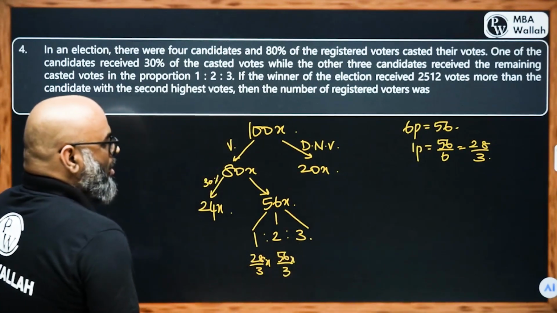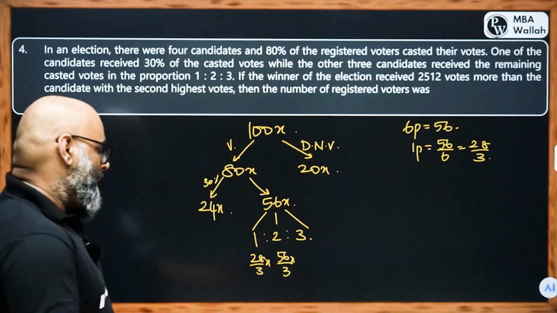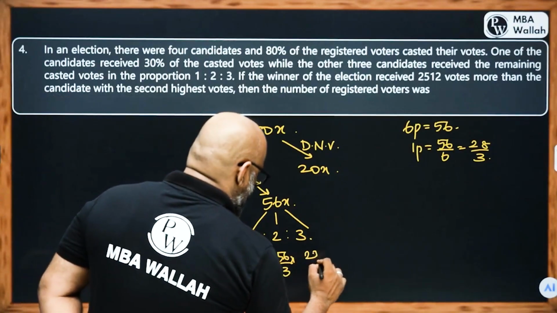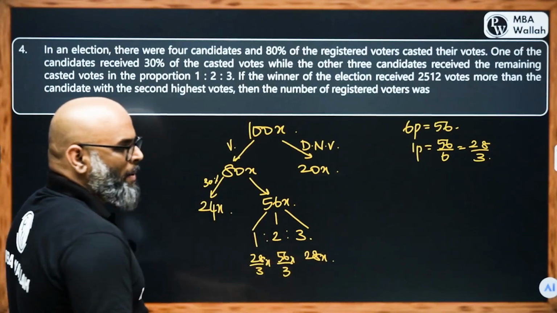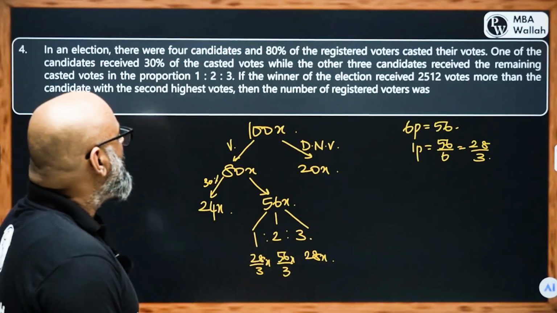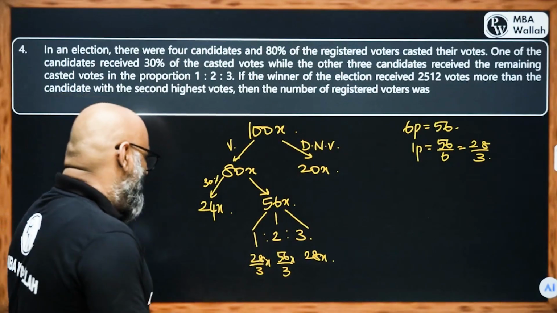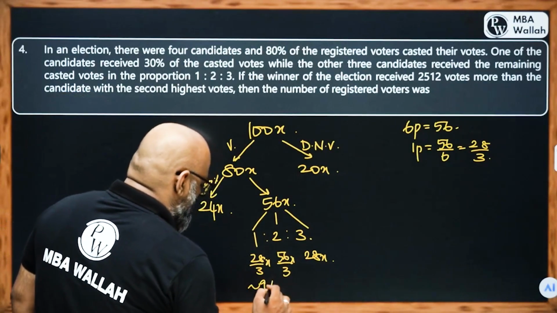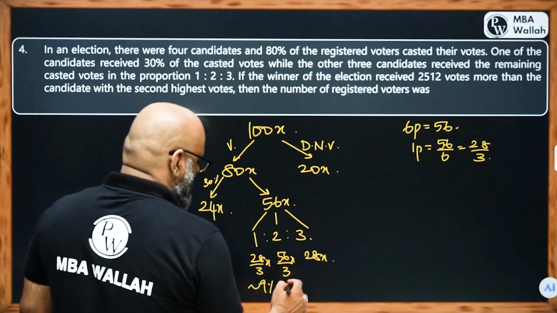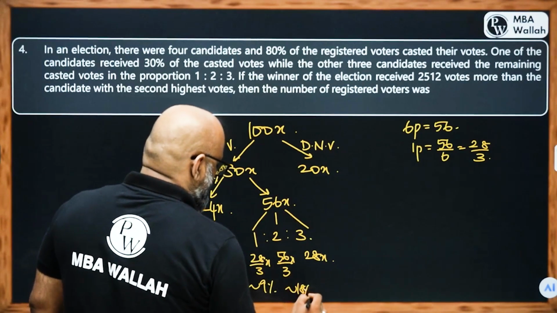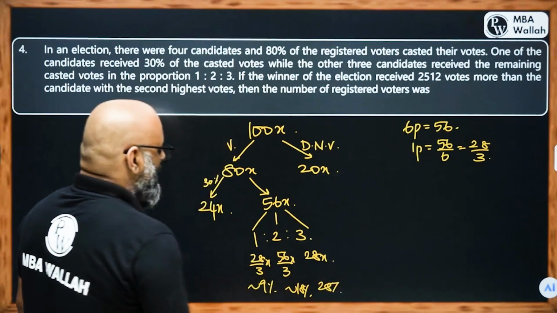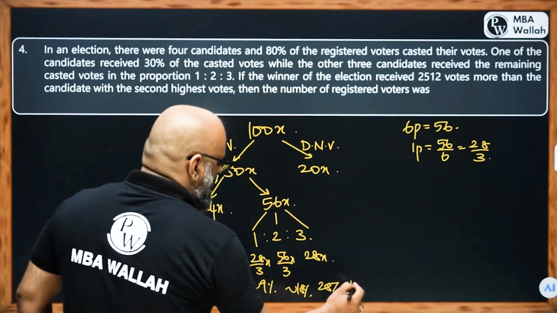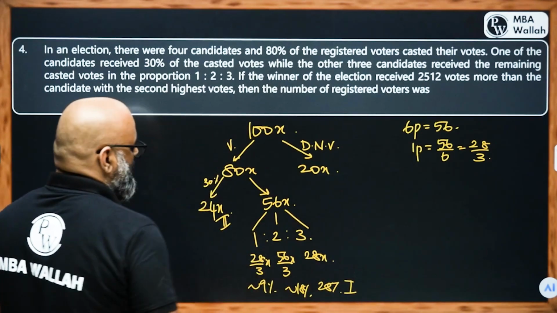This will be 28 into 3 by 3. So this will be 28x only. 84 by 3x, which is 28x. So I notice this guy is roughly 9%. This guy is roughly 18%. This guy is 28%. So this is the first highest. This is the second highest.